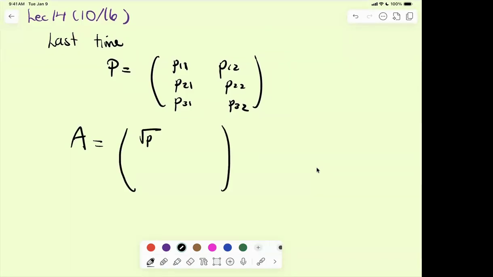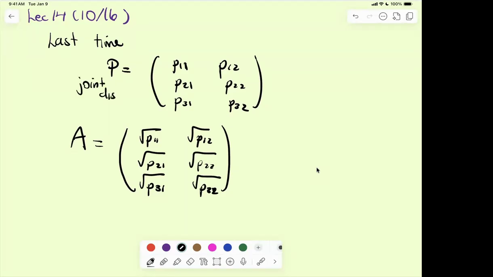And for not so secret reasons, you can call it an amplitude matrix if you want. So this is what you usually refer to as the joint distribution, and this would be an amplitude matrix.